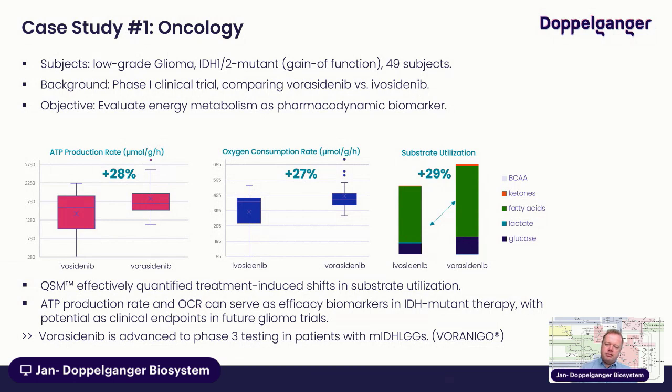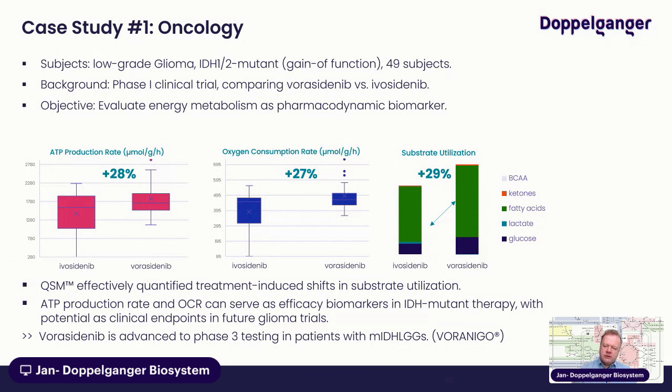We measured the ATP production rate and we looked at the oxygen consumption rate, and also we monitored the substrate utilization, and you will see we can see a shift here. So these patients received both compounds in a randomized study, upfront surgery, and when the therapy was successful, finally the patient underwent surgery to remove this low-grade glioma tissue from the patient brain.